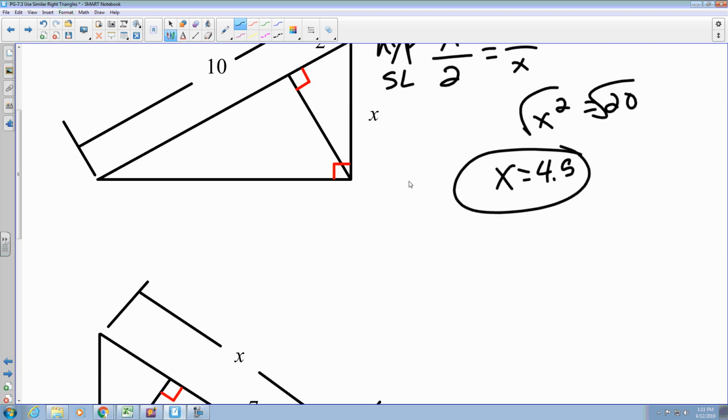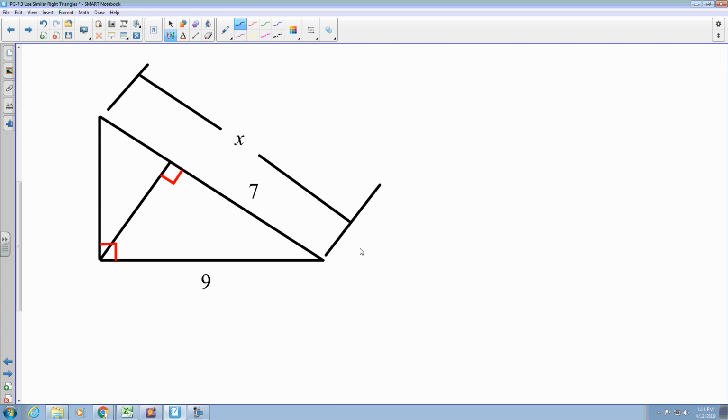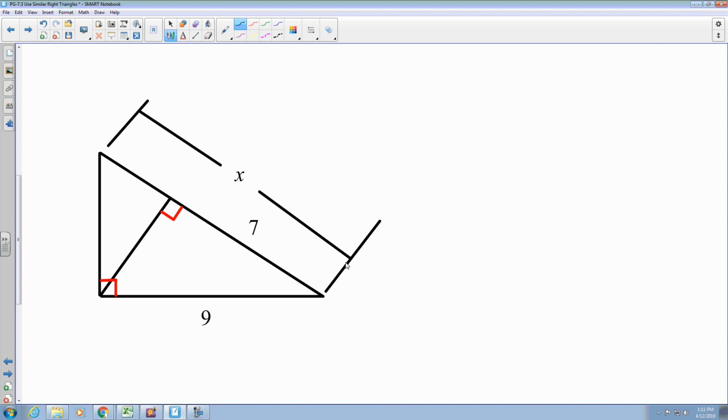Okay. Looking at this triangle here. So if I look at the big triangle, looks like I got x over 9. x in this case is the hypotenuse. 9 in this case is the long leg.